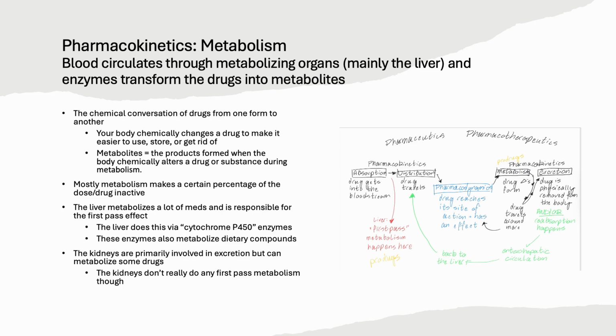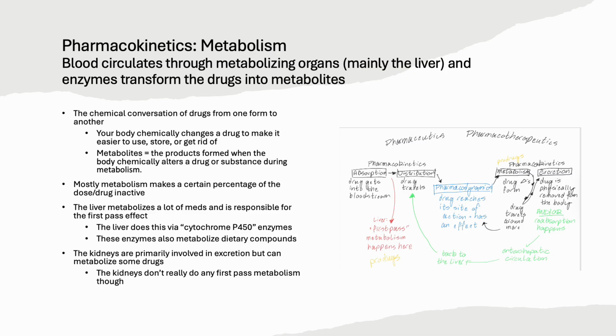The liver is the main metabolizing organ, and it does this through a family of enzymes called the cytochrome P450 enzymes. There's a lot of them. And these enzymes also metabolize dietary compounds, but we're just going to talk about drugs here in this lecture. So there's a family of enzymes in the liver, and they're called the cytochrome P450 enzymes.